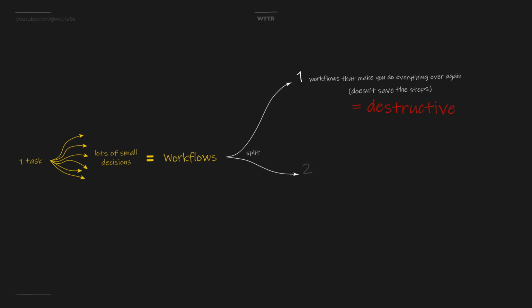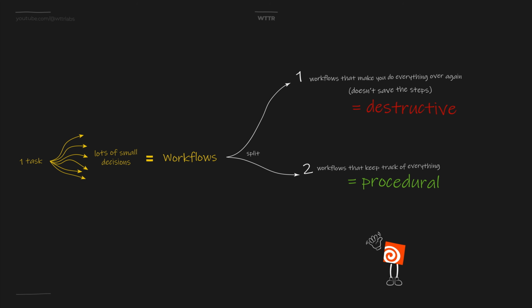Now, doing that change one time might not be too bad, but if you need to change 100 things over and over and don't know when you'll need to change them, that tedious work can build up and get pretty annoying. Now, what if there was a second category of workflows in which every step and decision we made was remembered and kept track of? And what if there was a 3D software that allowed us to work in exactly that way? These workflows are what we call procedural.